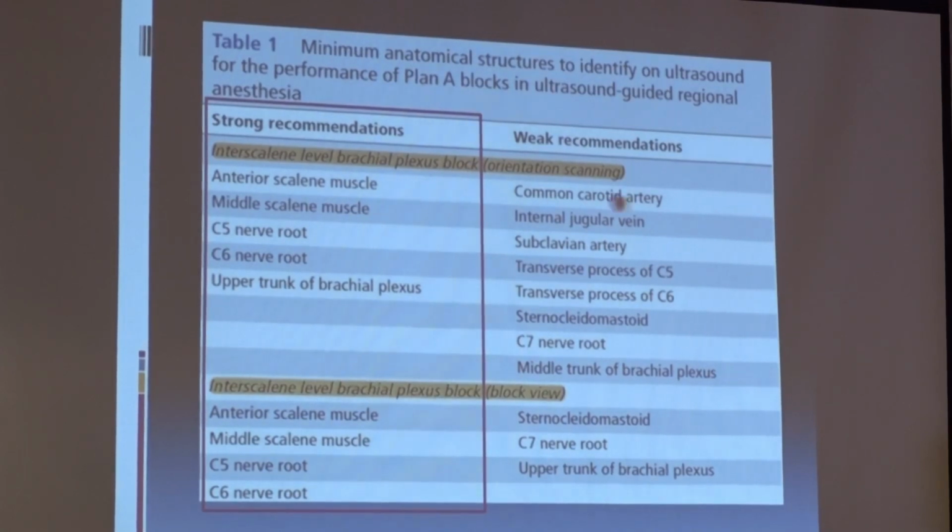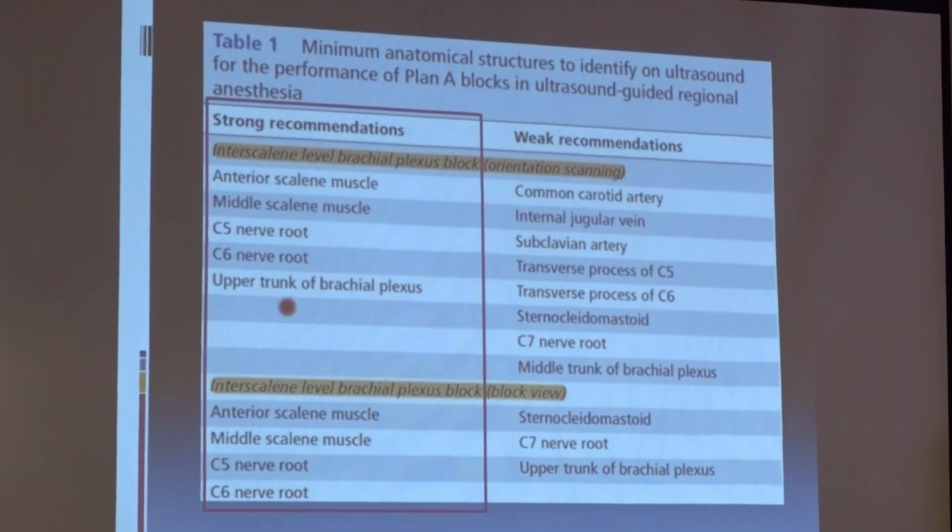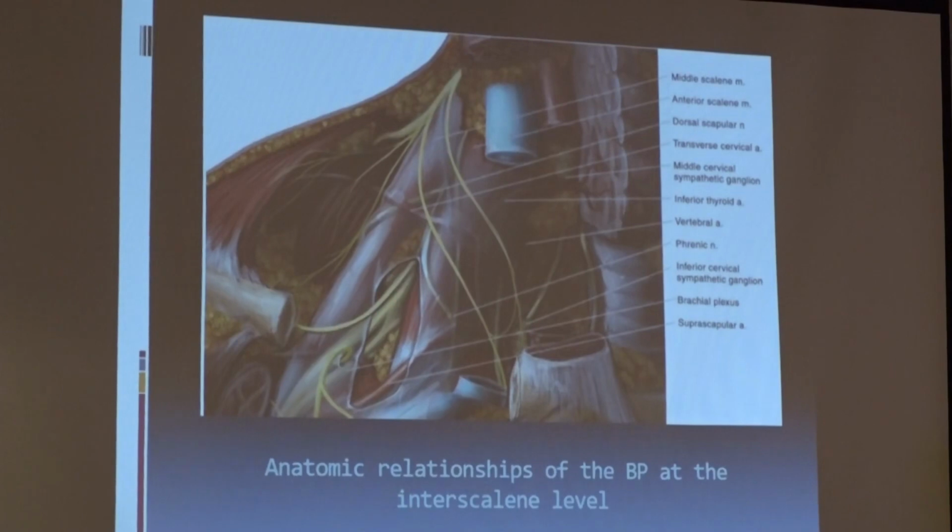For the orientation scanning, we need to add 1 more structure, the superior trunk of the brachial plexus. This shows that the roots of the brachial plexus are sandwiched between 2 scalene muscles, the middle and anterior scalene muscles.